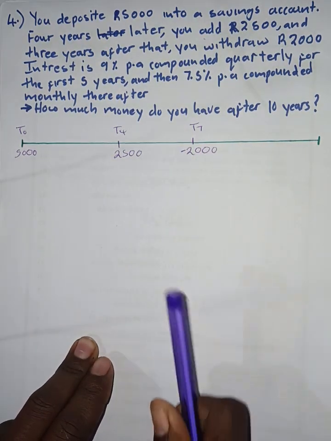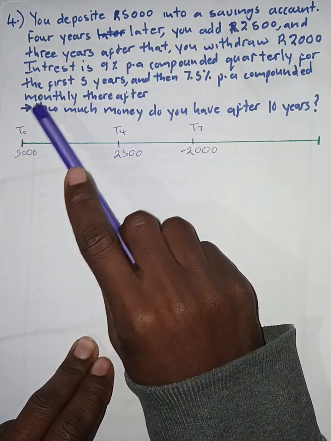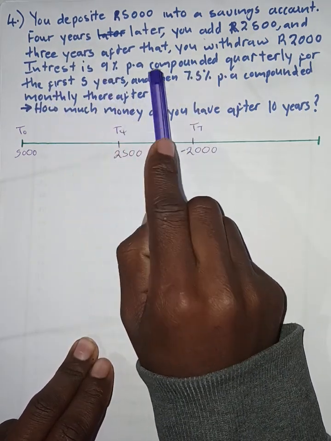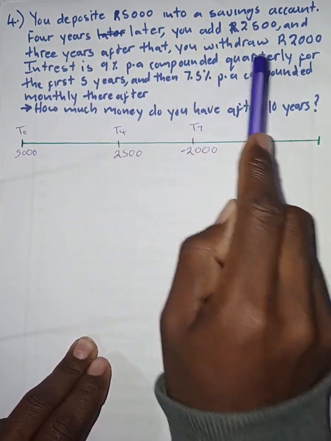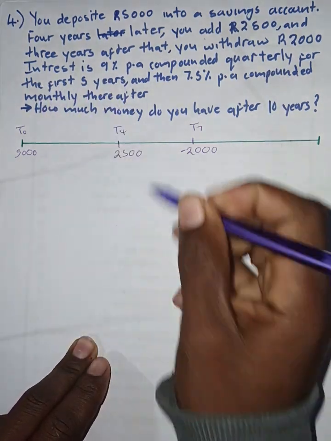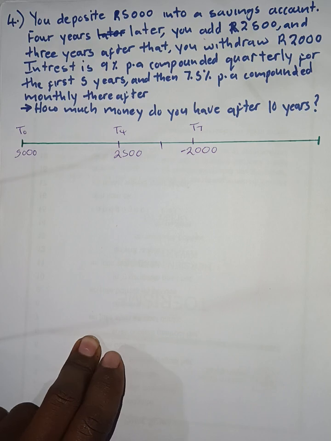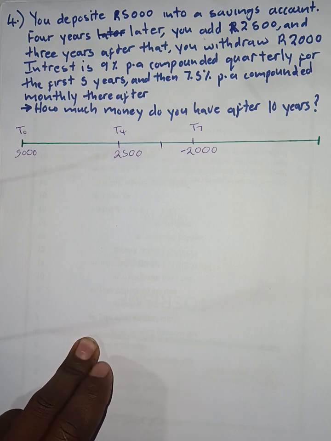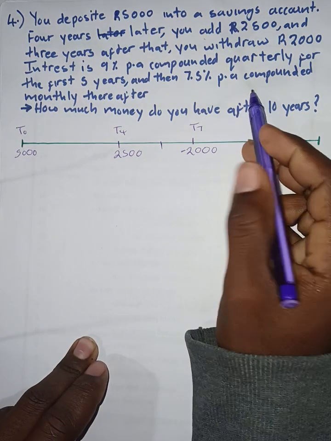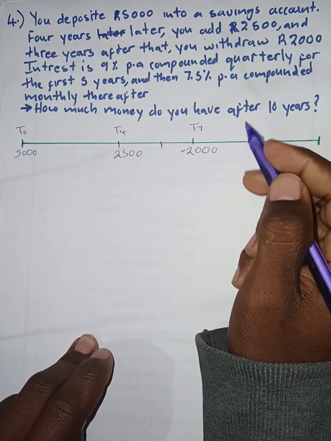And then they say the interest is 9% per annum compounded quarterly for the first 5 years. So for the first 5 years, the interest in this case was 9% compounded quarterly, and then 7.5% per annum compounded monthly thereafter.